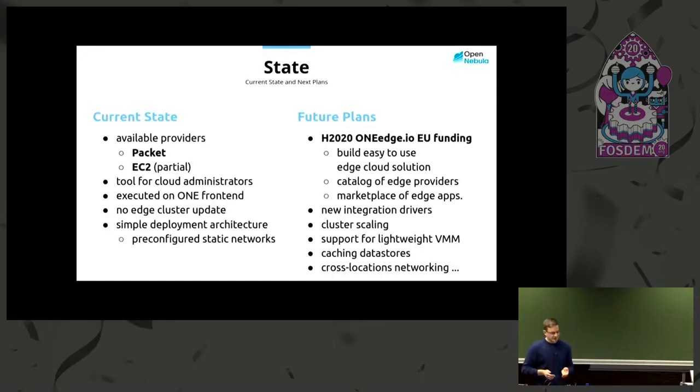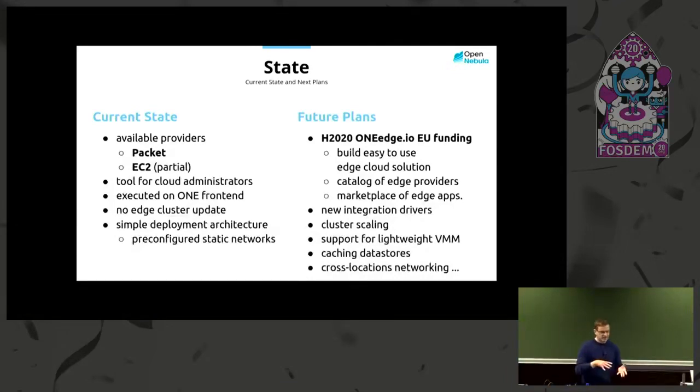The future plans, as I mentioned in the beginning, we have received some funding from the European Union. The idea is to take what we have and to build from that some easy to use edge cloud solution, which incorporates some catalog for the edge providers and marketplace for the edge applications and so on.